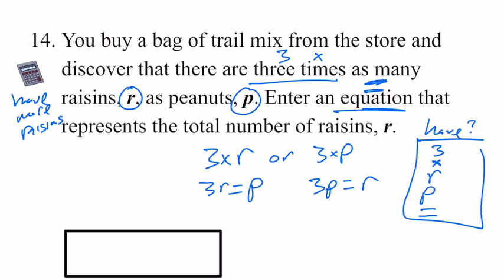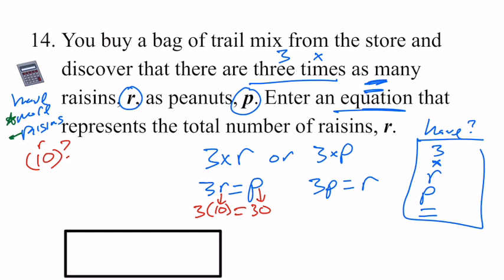If I plug in 10, I love 10. Okay, so 10 for R. So 3 times 10, and that gives me 30. So if I use this equation, I had 10 raisins and I had 30 peanuts. Which one's supposed to have more? I'm supposed to have more raisins.